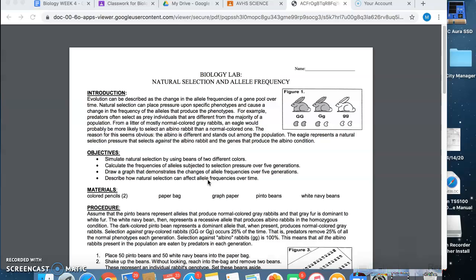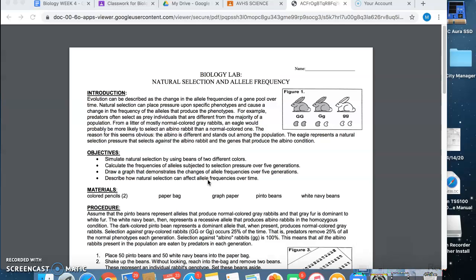From a litter of mostly normal colored gray rabbits, an eagle would probably be most likely to select an albino rabbit than a normal colored one. The reason for this seems obvious. The albino is different and stands out among the population. The eagle represents a natural selection pressure that selects against the albino rabbit and the genes that produce that albino condition.